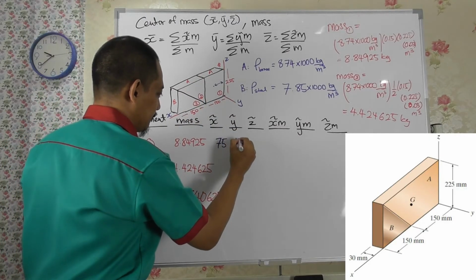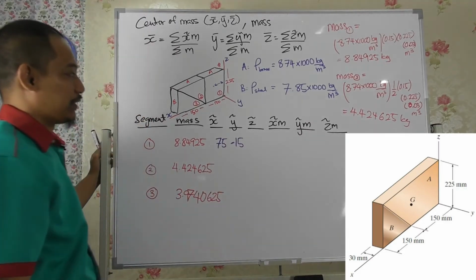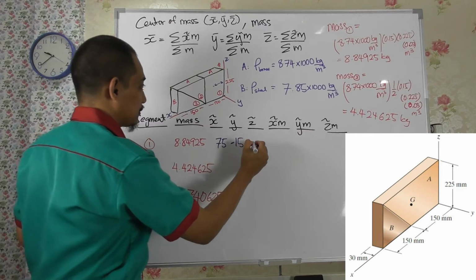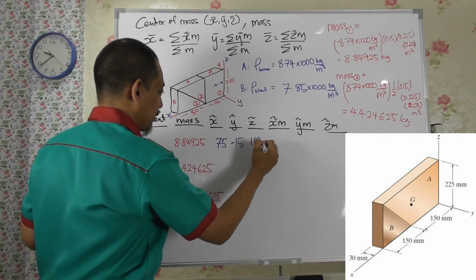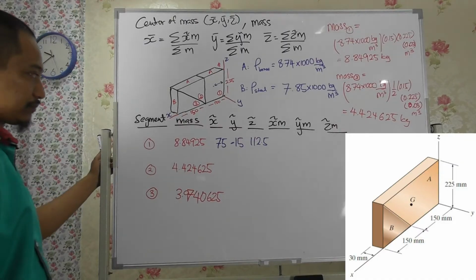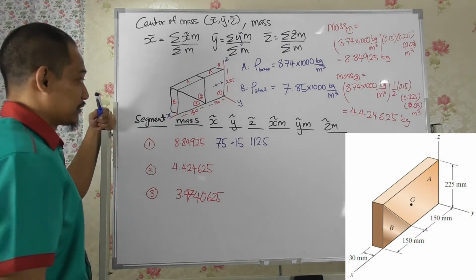And for z, which is the height, half of 225 is 112.5. Okay, so that's for shape number 1.